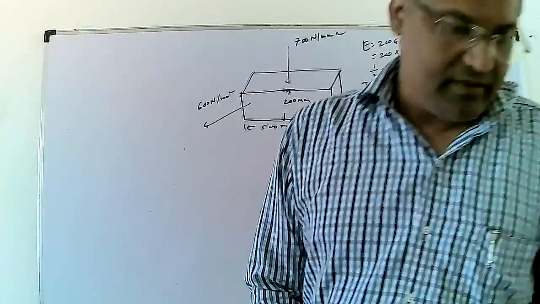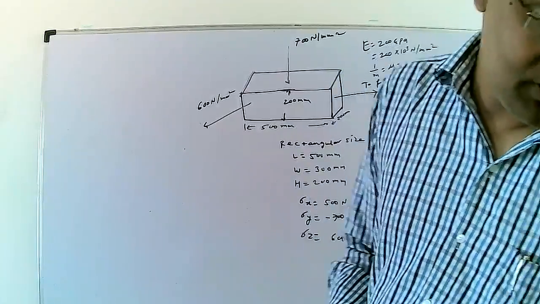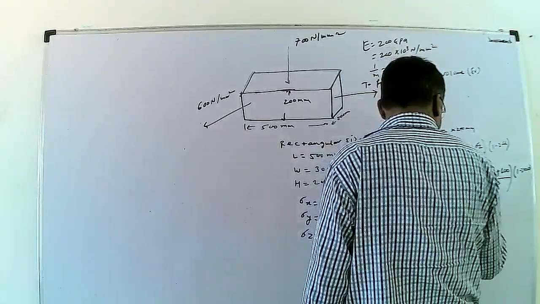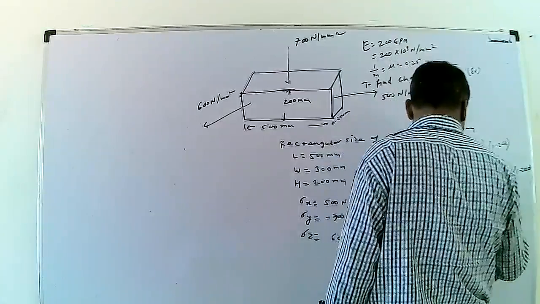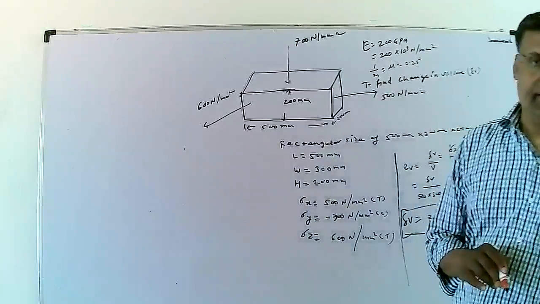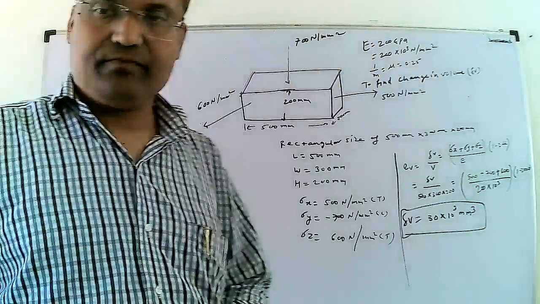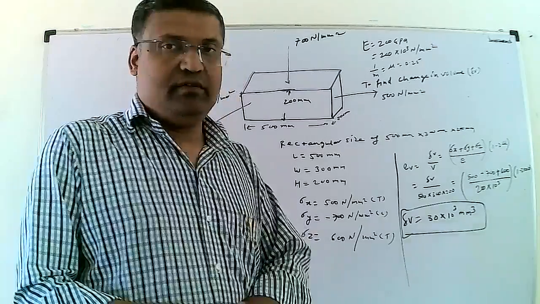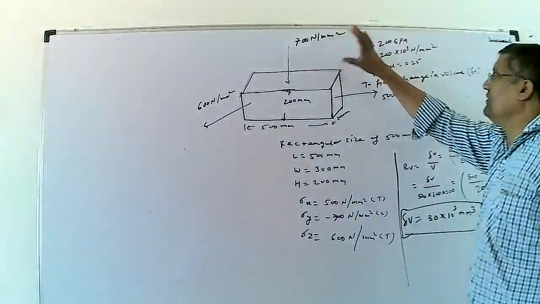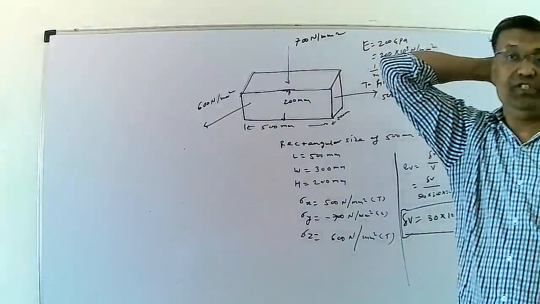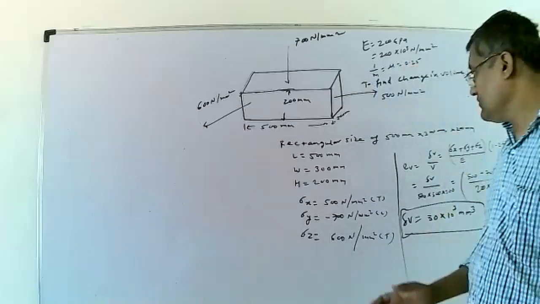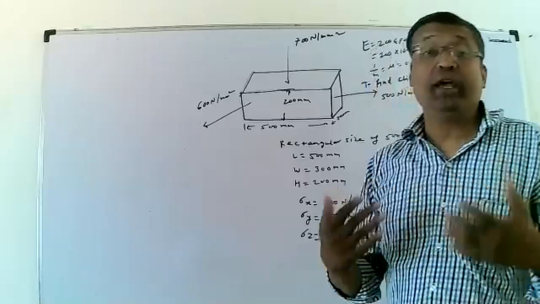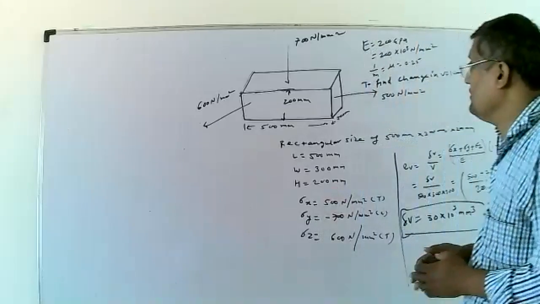We calculate delta V. Then finally we get delta V as 30 into 10 raised to 3. This is the value. Very simple way to find out the change in volume, and this is our aim in the given problem, how to calculate change in volume.